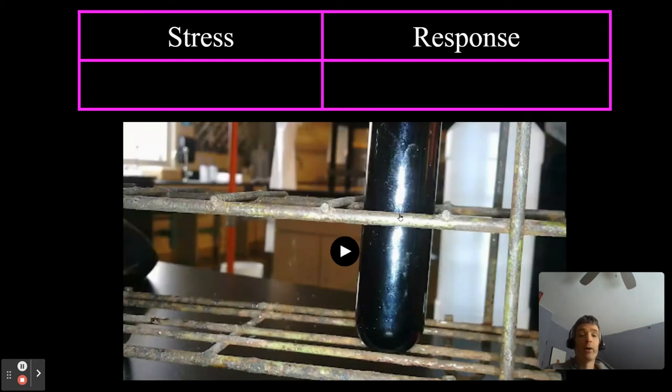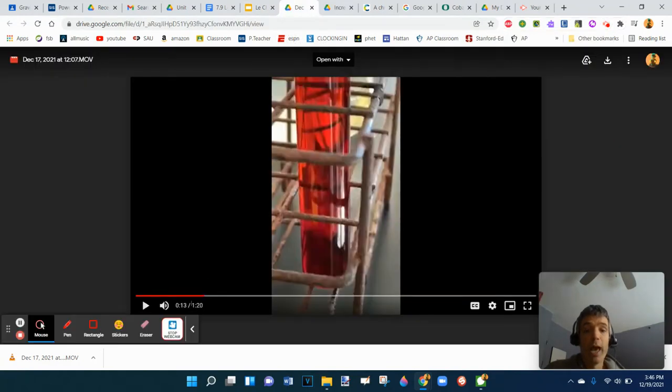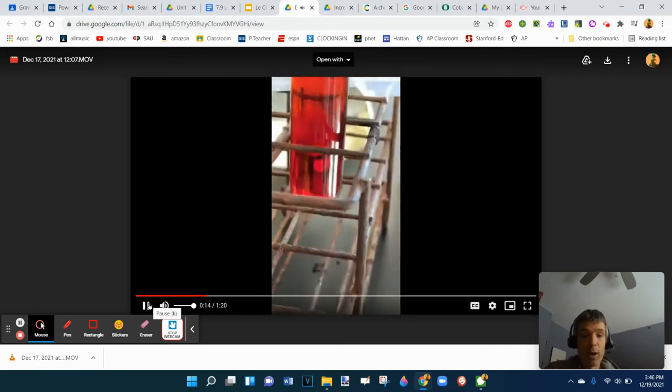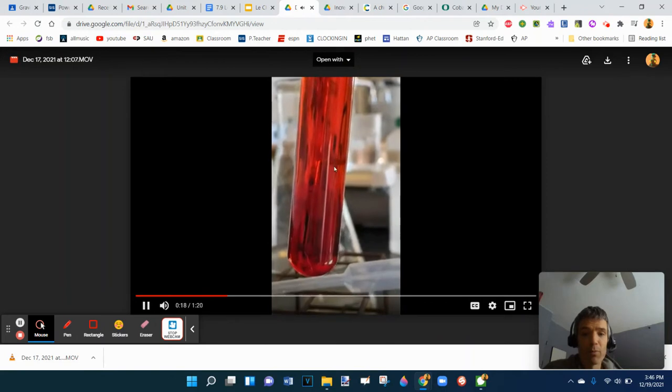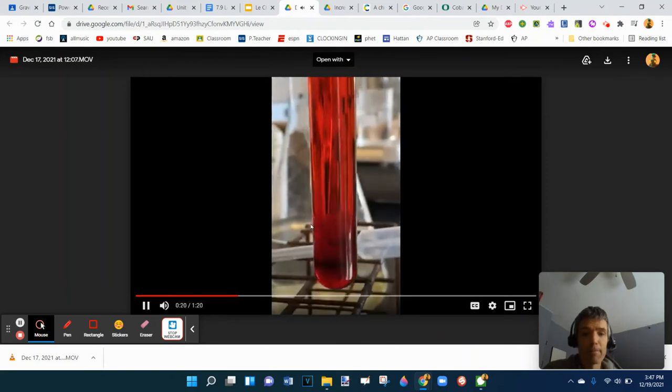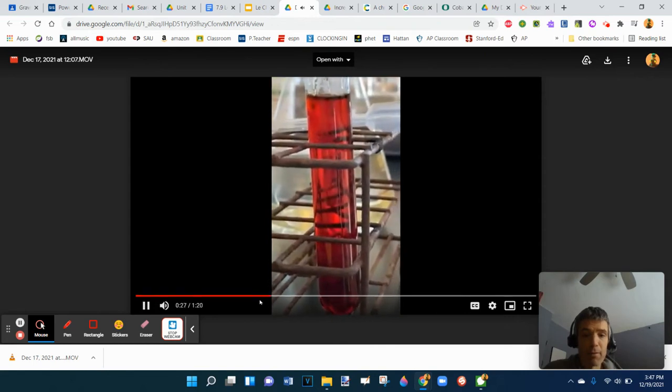All right. Now, for this next stress, we are going to remove a chemical, opposite of adding. And thank you, Ryan. But you'll see that cloud there moving down through it? There it is.